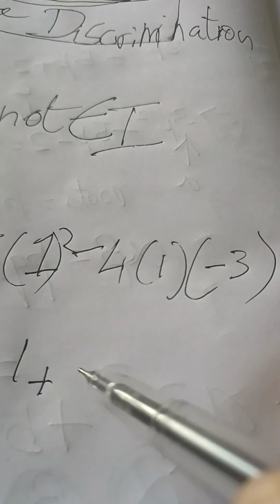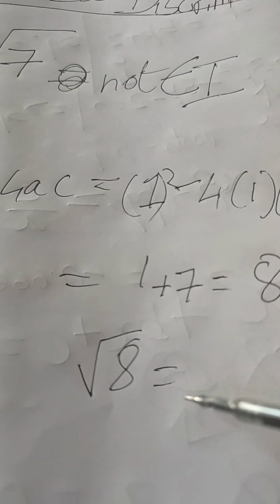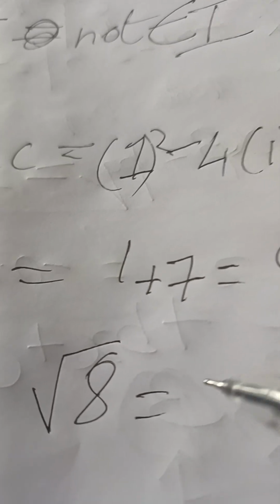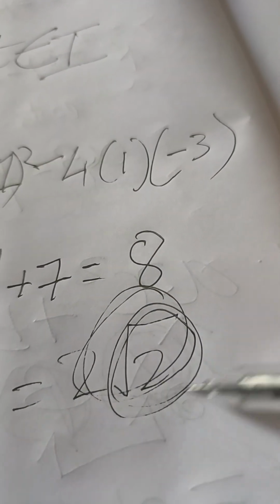And this is 1 square, it's just 1. It's 1 plus 7, which is 8. And 8 is not a perfect square, because the square root of 8 is 2 root 2, and you see it has this root 2 thing.